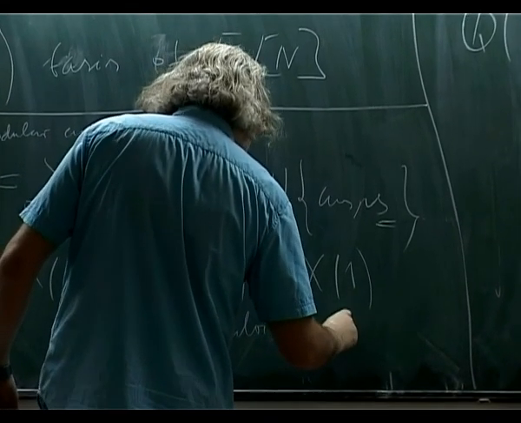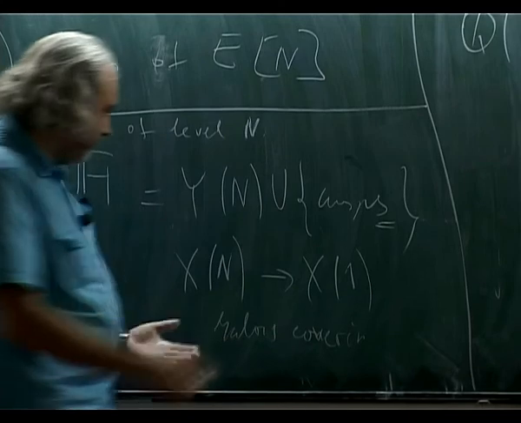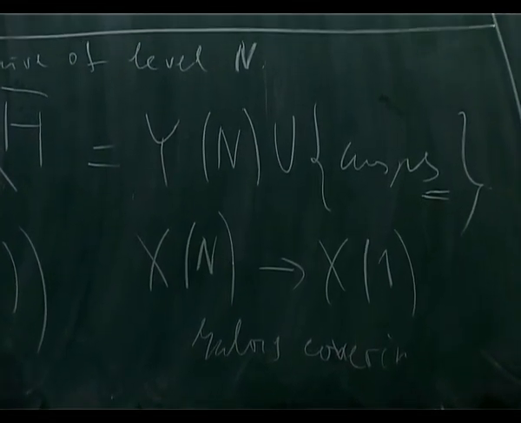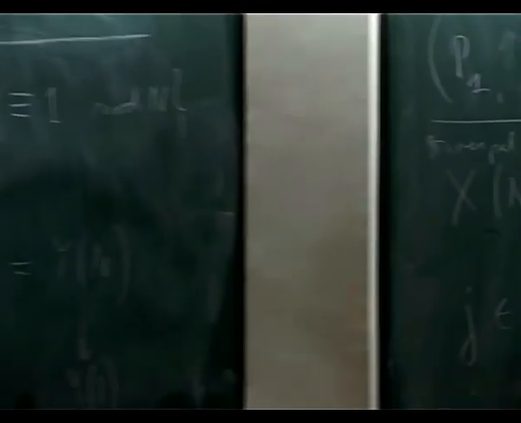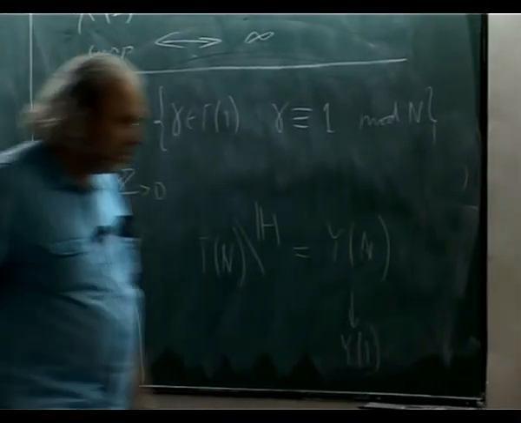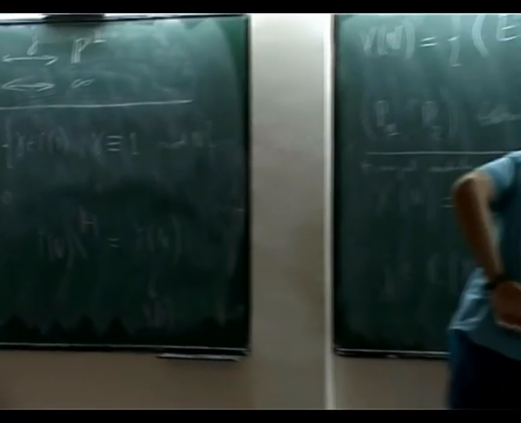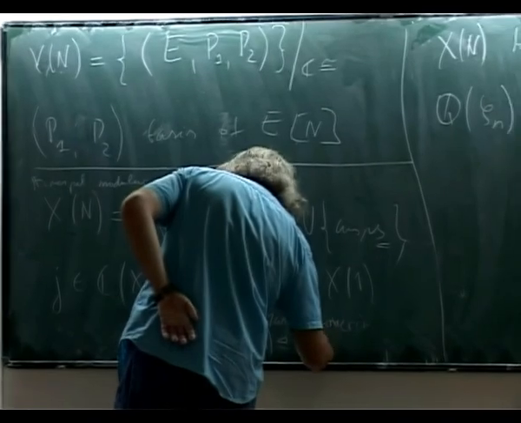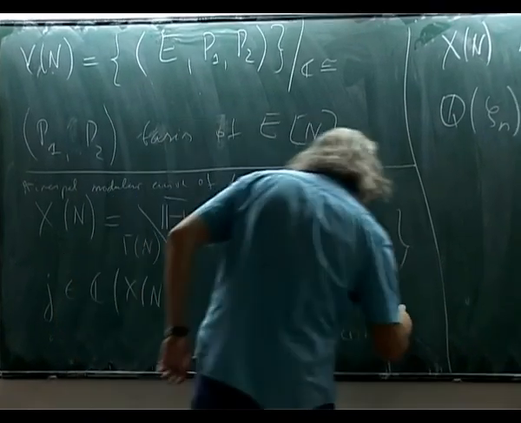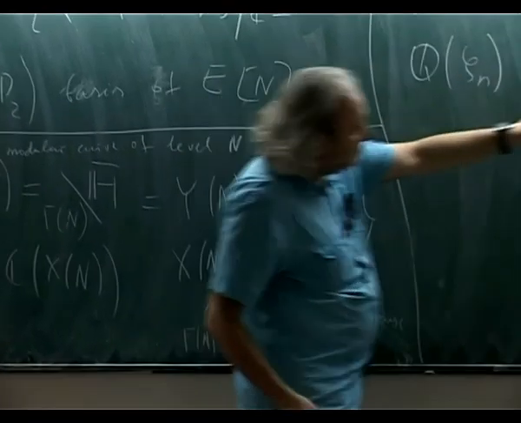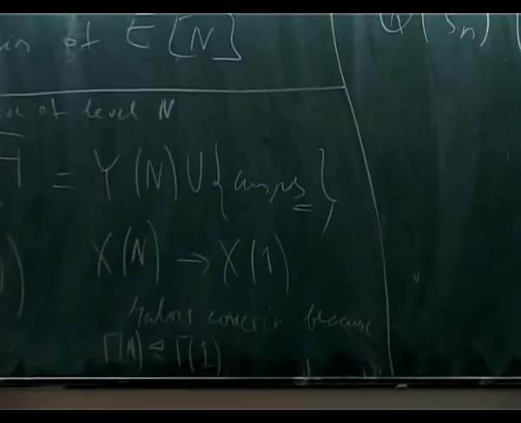So the corresponding function field extension is Galois, because this is a normal subgroup. It is the kernel of the homomorphism, right? So Gamma(n) is a normal subgroup of Gamma(1). And this again is a Galois extension.